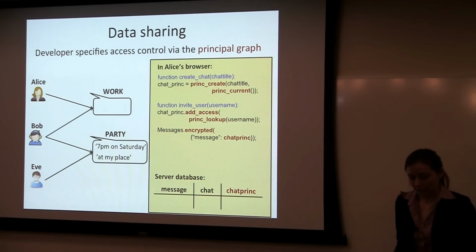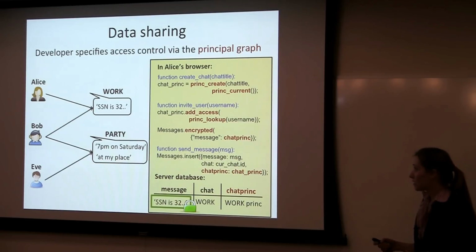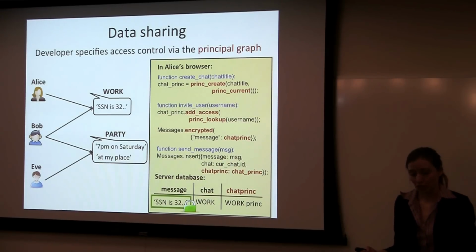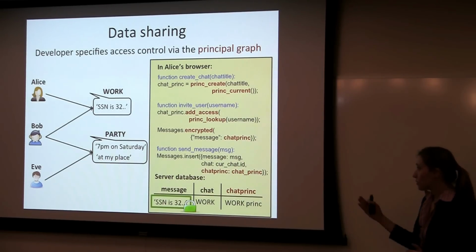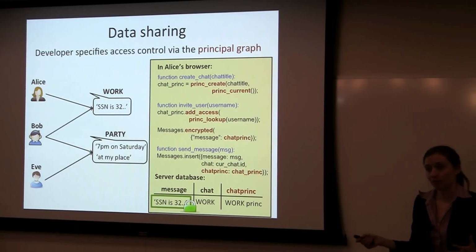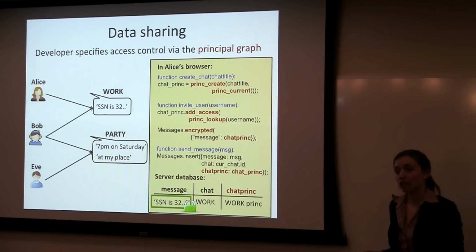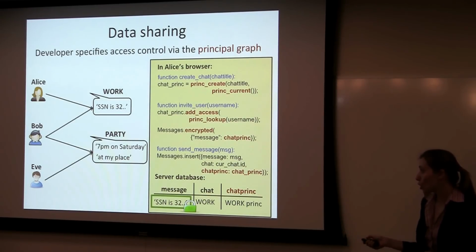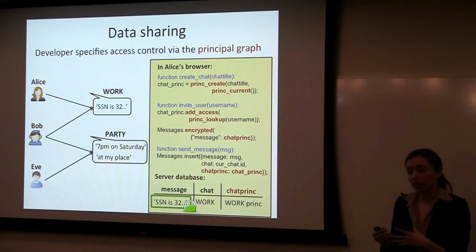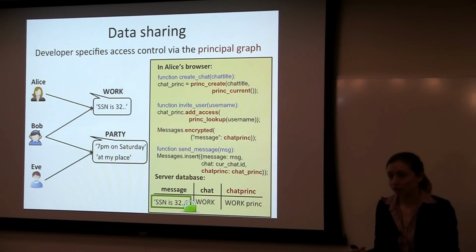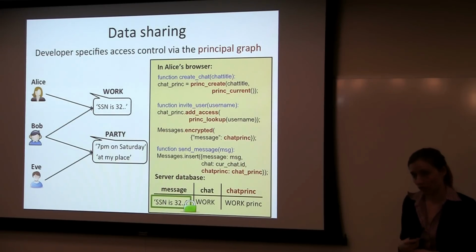So now when Alice sends a message as part of the chat room work, the send message function in the web application inserts an entry into the messages table for the message with the chat principal. And then Mylar automatically encrypts that message for the chat principal.